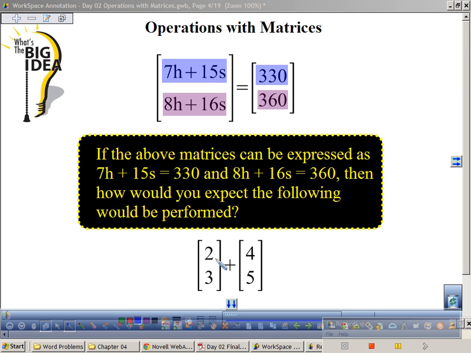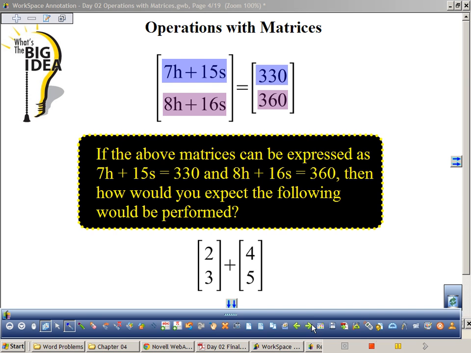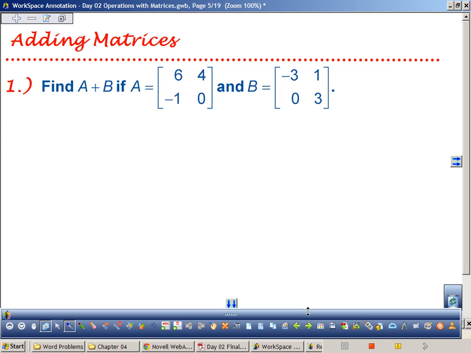Good. You see how one thing has to match up with another thing? Are there two things to match up over here? If this was a 2 by 2, this would have to be a 2 by 2. Make sense? Okay. All right.